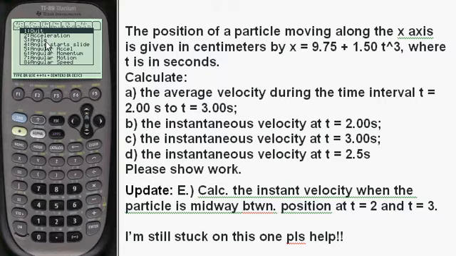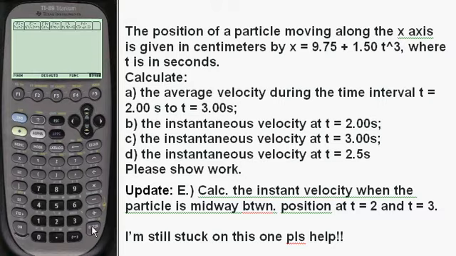V is right at the end, so you can scroll down, or you can press second and press that, and your calculator goes screen by screen. Or you can go up with the cursor here, and then it goes down to the bottom of the alphabet. This is the last program. So then you scroll up to velocity, press enter.